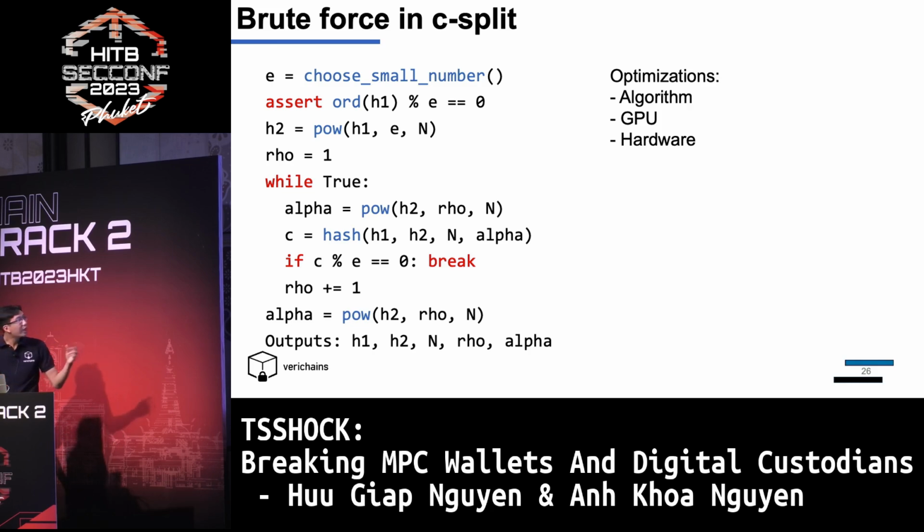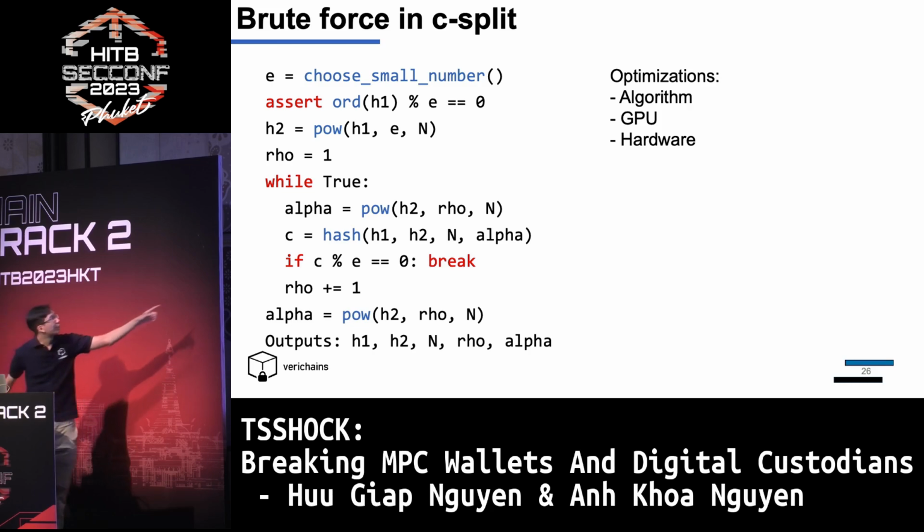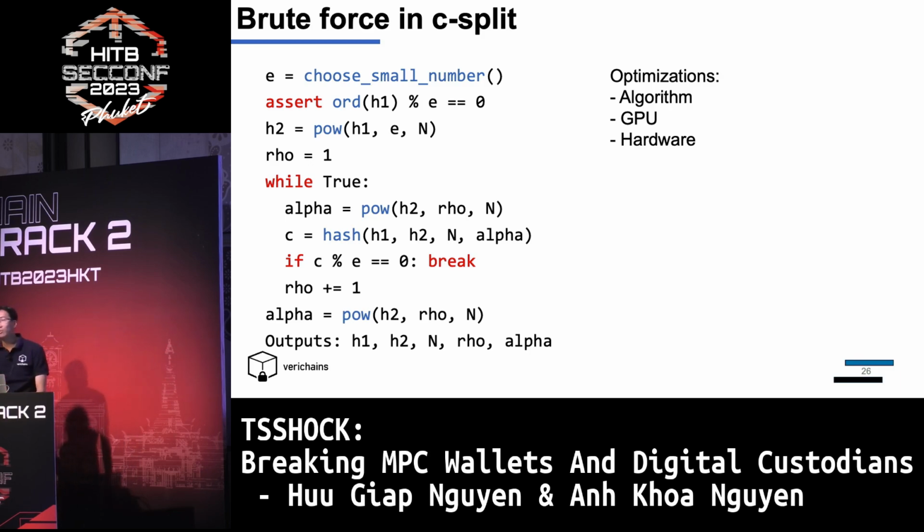We can also use hardware, because this hash is very commonly used, the hash of SHA 256, which we have hardware that effectively calculates the hash. So we can just use the hardware to calculate the hash with random alpha, and then we can take the discrete log to get the raw values.